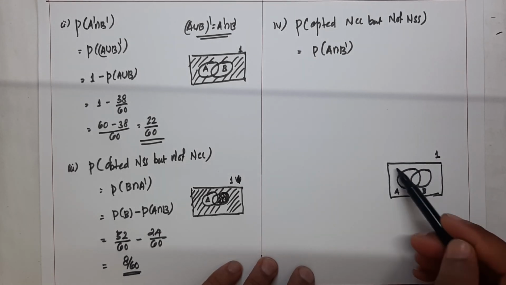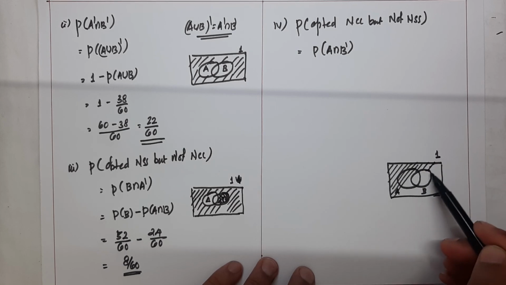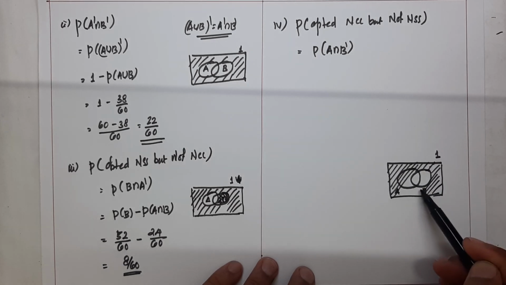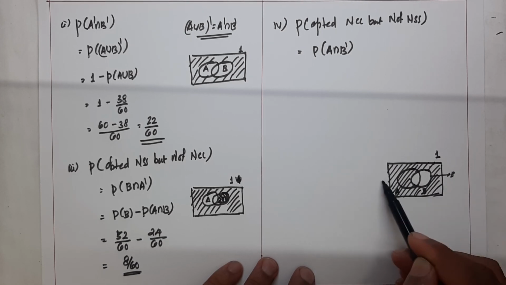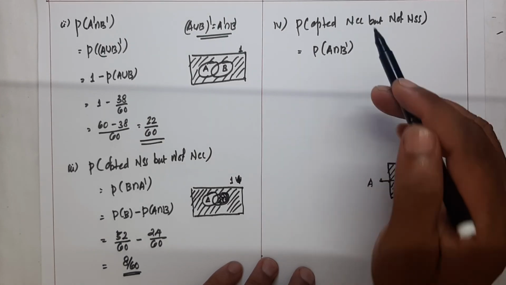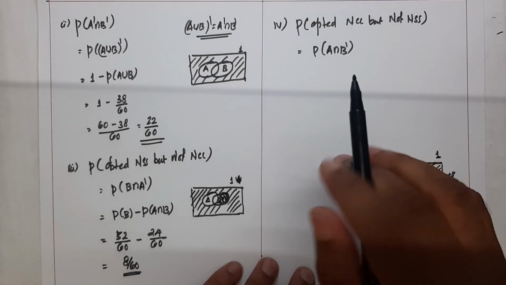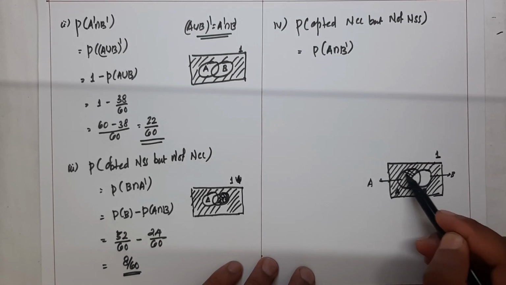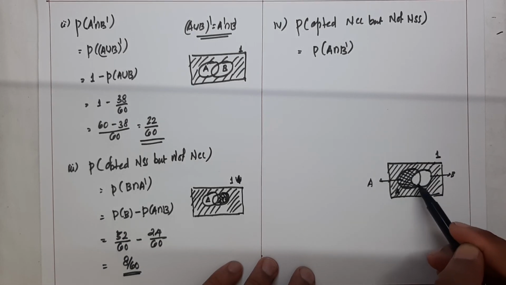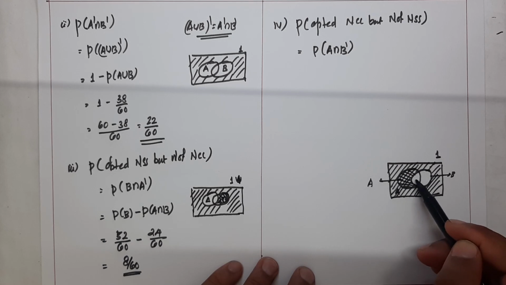What is B complement? We shade everything except B, which is B complement. B complement intersection A, that is A intersection B complement. First we shade B complement. The portion common with A is this double shaded portion, that means only A. For finding the probability of this event, we find the probability of A minus the common intersection.